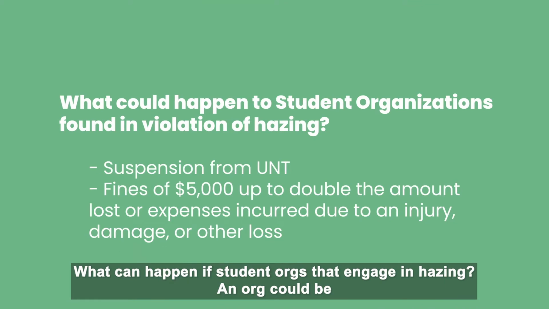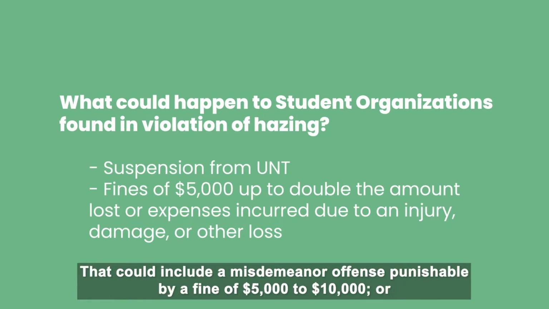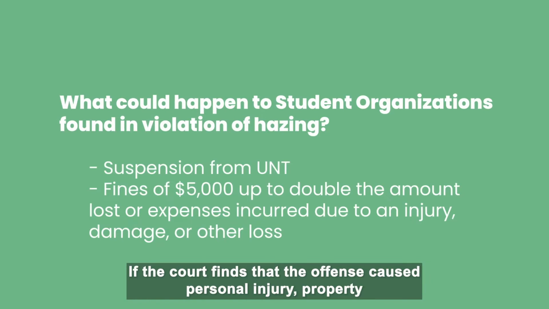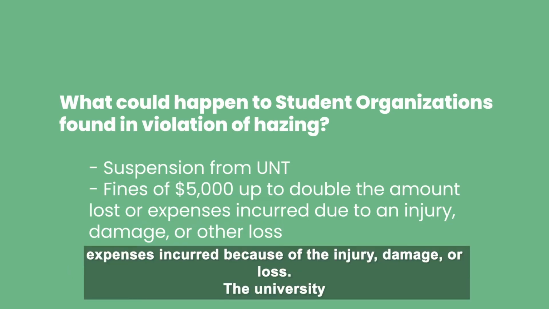An org could be suspended from UNT and is also subject to civil and criminal penalties for violating state law. That could include a misdemeanor offense punishable by a fine of $5,000 to $10,000, or if the court finds that the offense caused personal injury, property damage, or other loss, a fine of up to double the amount lost or expenses incurred because of the injury, damage, or loss.